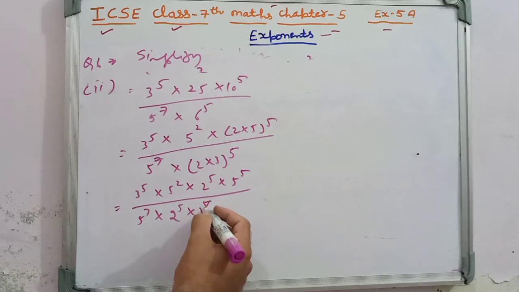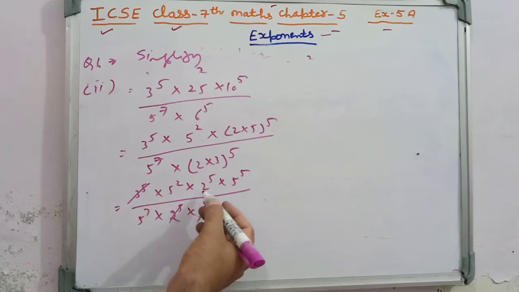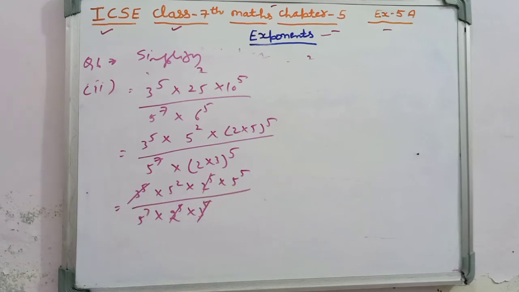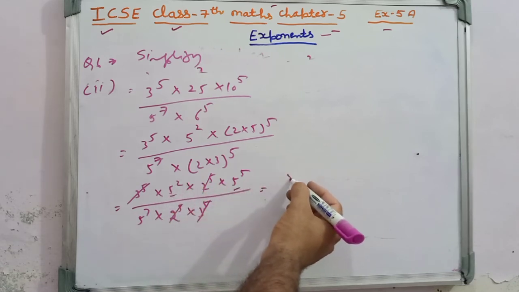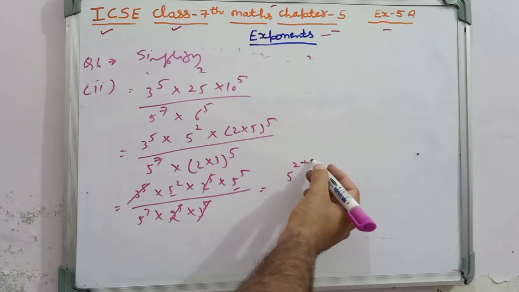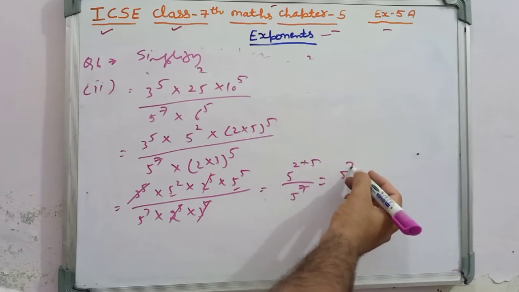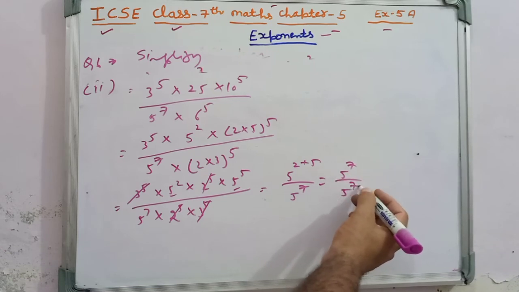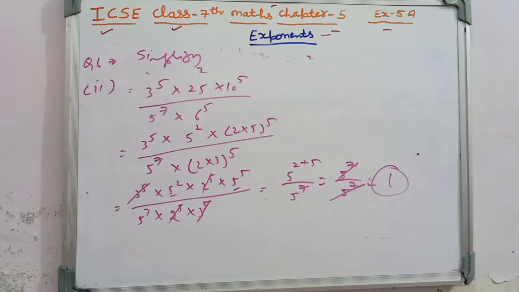Right, this 3 raised to power 5 got cancelled, this 2 raised to power 5 got cancelled. So these bases are same, this will become 2 plus 5, 5 raised to power 7 upon 5 raised to power 7. This will cancel. Answer will be 1. Only 1 is remaining after doing all the operations. Right.